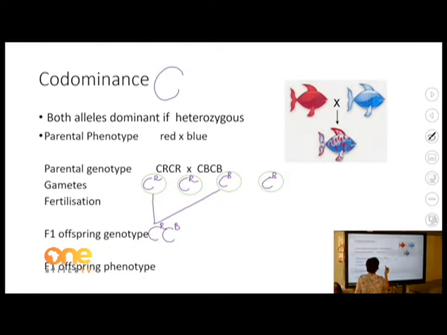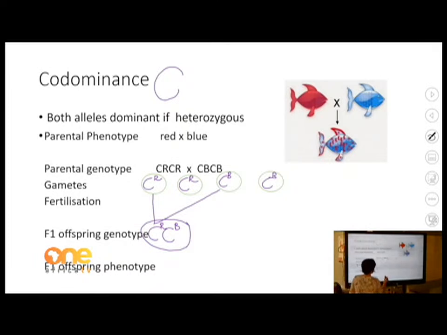And that is the only combination that I can have. So I have an individual that shows both the colors or both the features, and therefore it is CRCB, and the C means codominant.